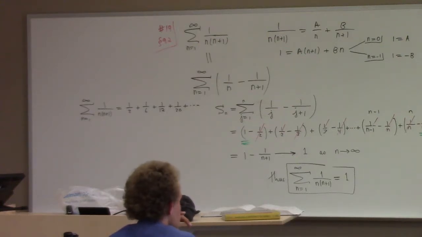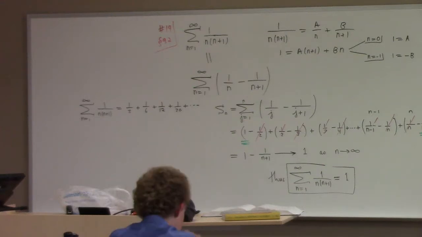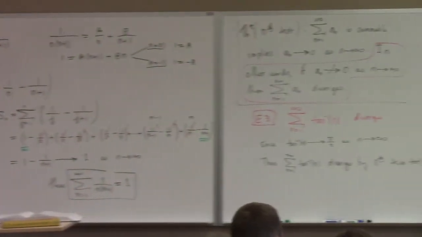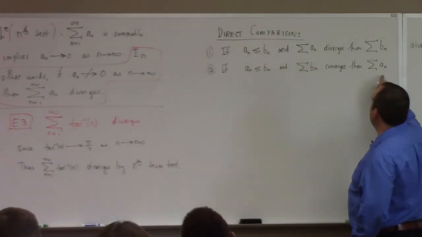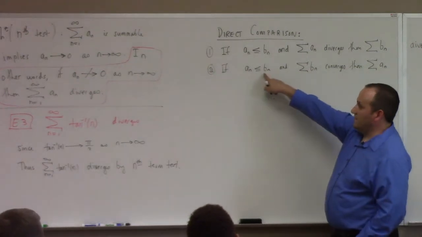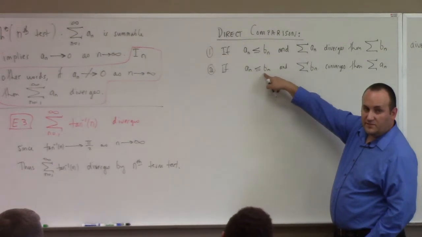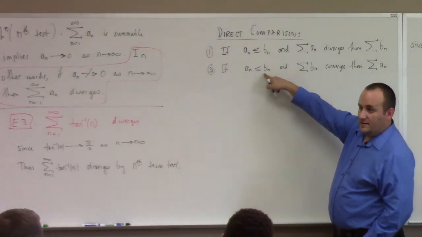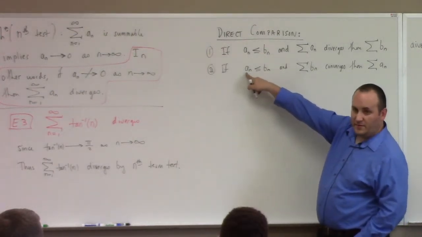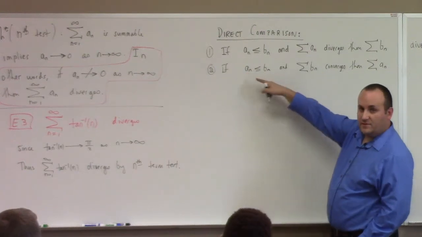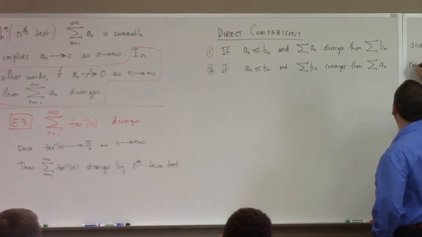This is something larger than that, so it must diverge, yeah. For this one, suppose the series with larger terms converges, right? Then a corresponding series with smaller terms must also converge.